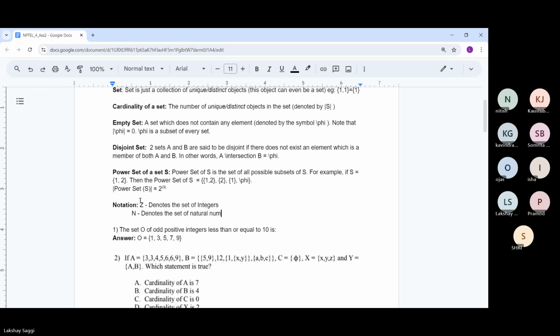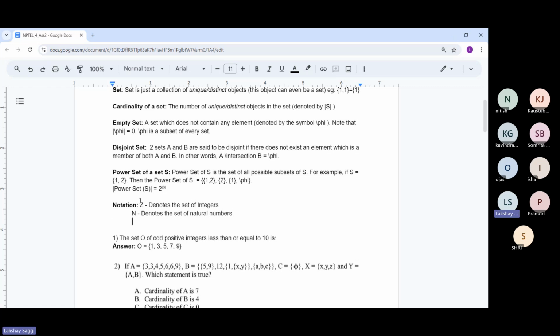These sorts of definitions you will encounter fairly regularly. Similarly, there is this notation Z plus, which denotes the set of non-negative integers.